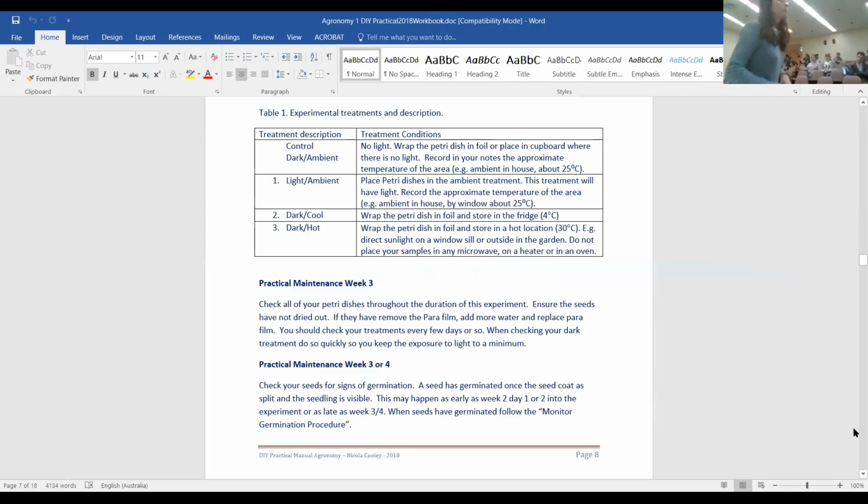Your treatment can be in the light, at the same ambient temperature as your control, or your treatment can be in the dark, but in the fridge. That would be about 4 degrees. I've asked you to make a note of the approximate temperature. I don't expect you to go out and buy a data logger recording the temperature every minute, although if anybody wants to do that, that would be quite interesting.